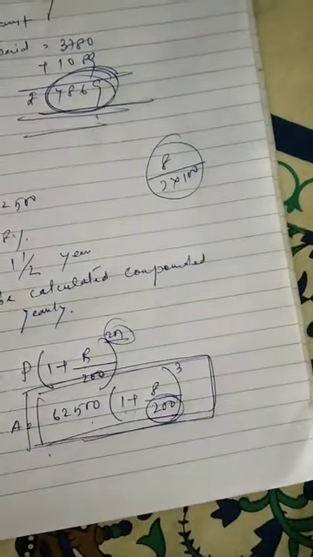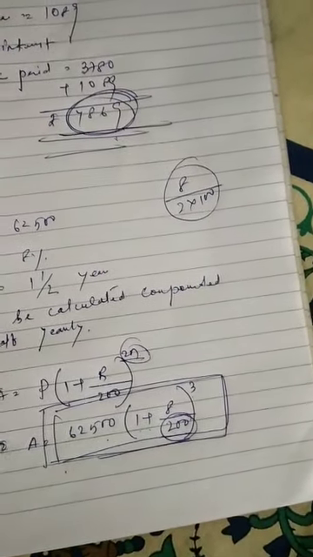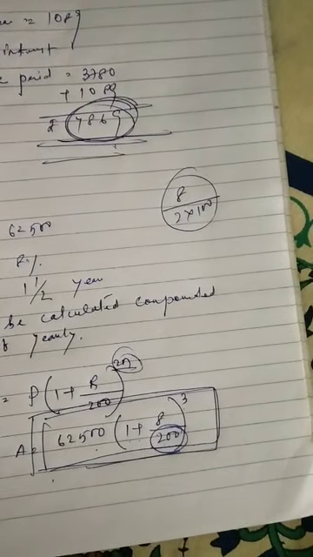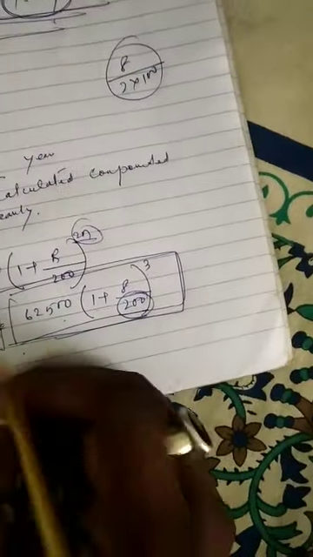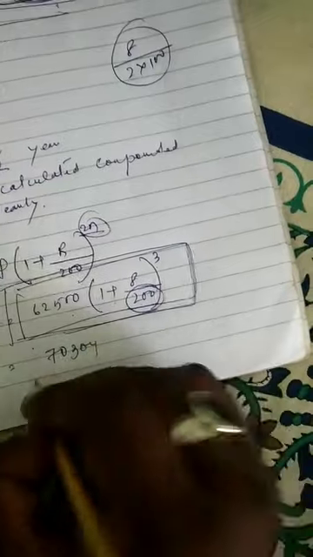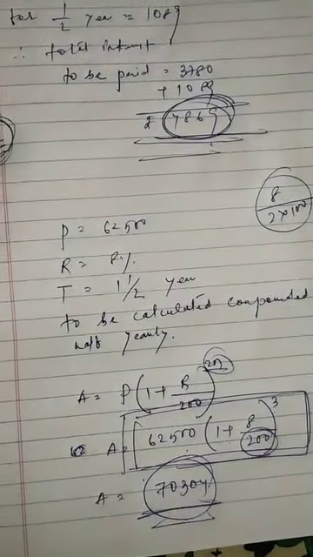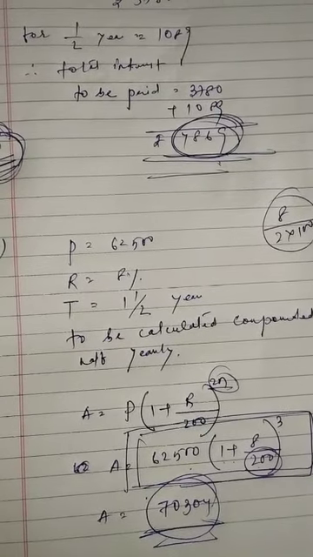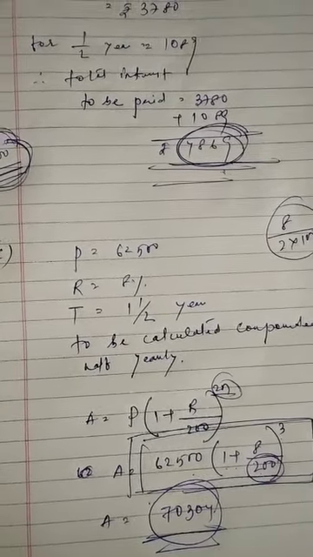I can tell you, as I've already calculated before, because of the short time span there are some problems with uploading videos. It will be 70,304. If I calculate this, I'll get 70,304. This will be the amount to be paid after 1.5 years.